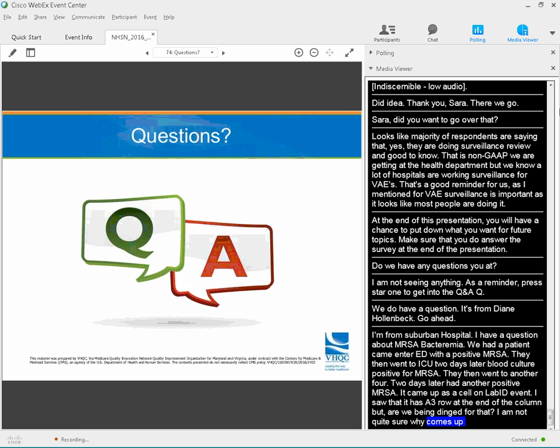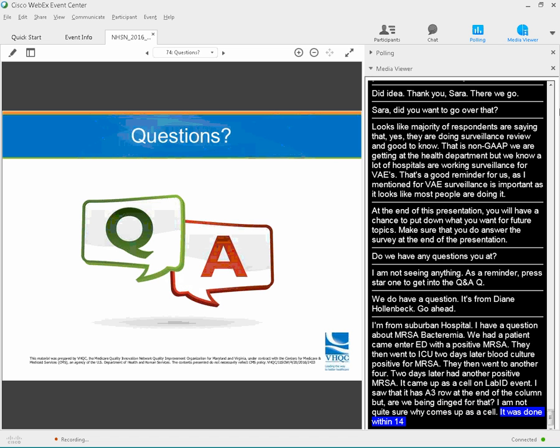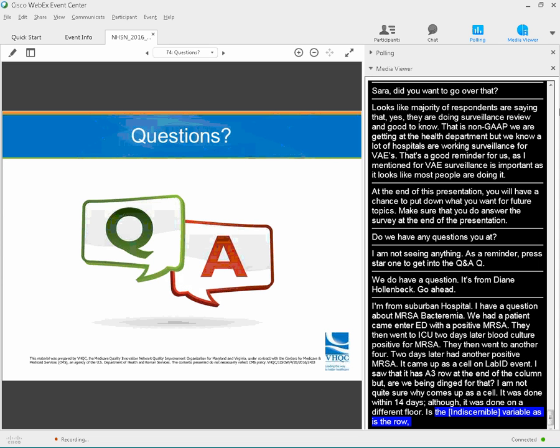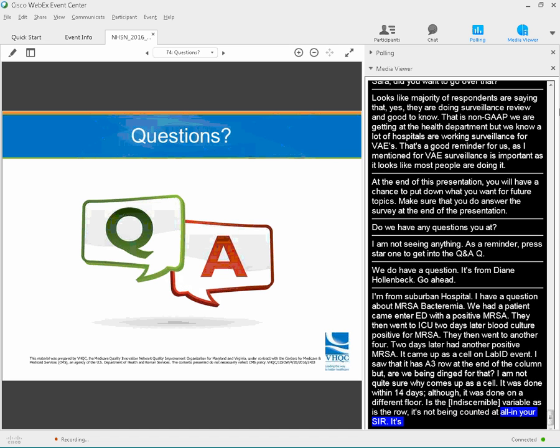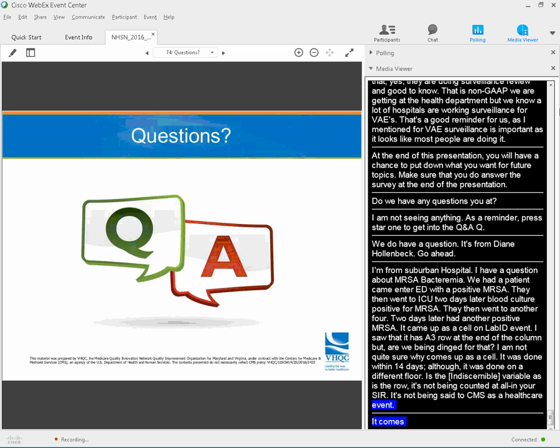Yeah, if the indicator variable has a 0, then it's not being counted at all in your SIR. It's not being sent to CMS as a healthcare on-site event. Okay. So it comes up as a hospital onset if it was within the 14 days. Is it just because they went to a different floor?